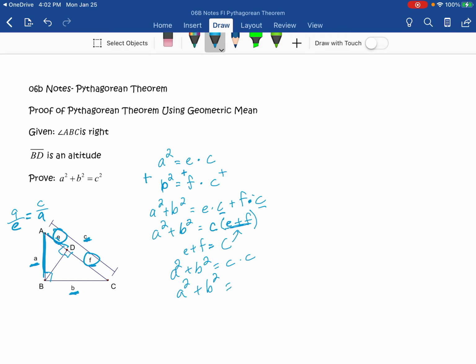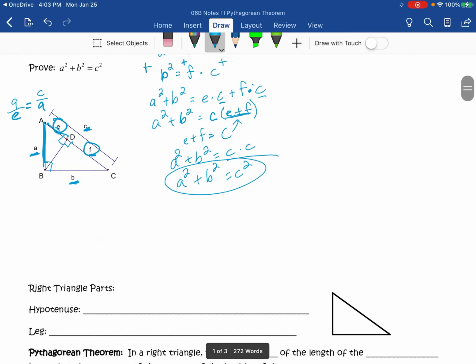Leg squared plus leg squared is equal to hypotenuse squared. It's just a nice, cute little proof using geometric mean. But I just proved to you the Pythagorean theorem, because the triangles are similar, that leg squared plus leg squared must be equal to your hypotenuse squared. I just like that one.